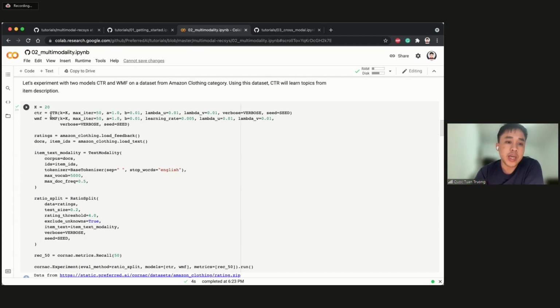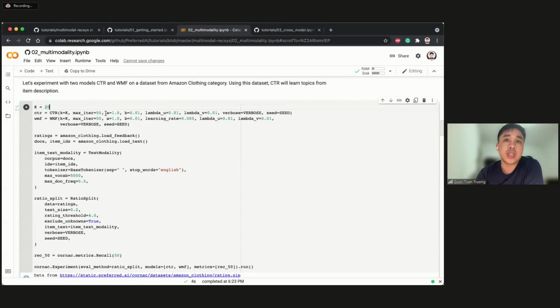Here we compare CTR and WMF, and the K hyperparameter here is the latent dimensions, right? The latent factors of the user and item in WMF, and it's also the number of latent topics in the CTR model, as we presented earlier.